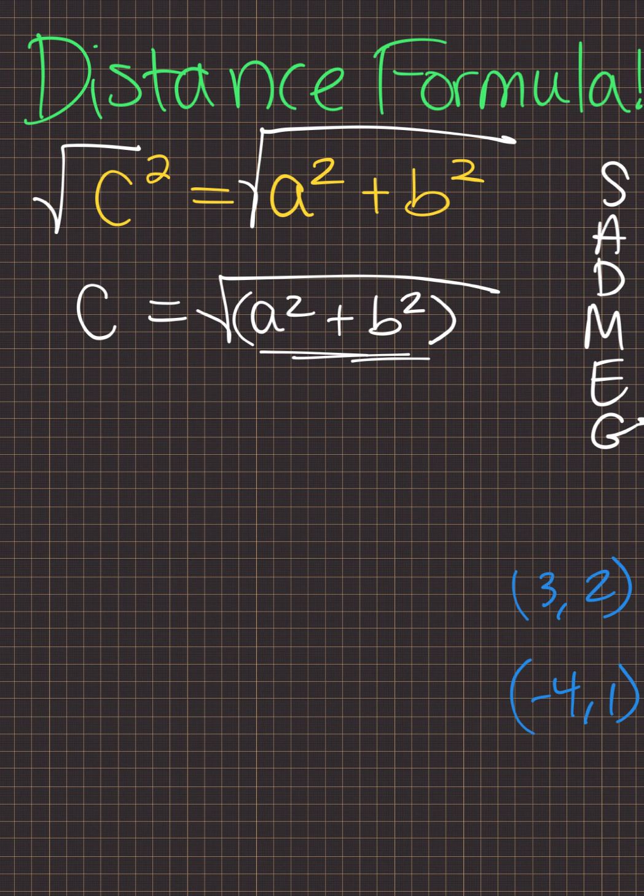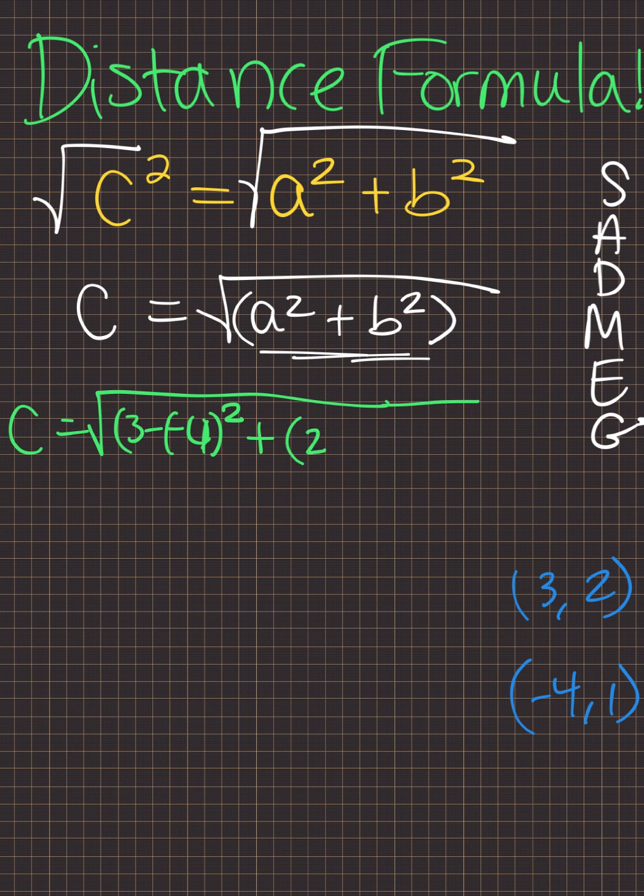So what I'm going to do to actually solve this when I'm simply given 2 points and find the distance between the two is I'm going to find a by subtracting my x values, 3 minus -4, for example, and then square it like that, okay? And then I'm going to add it to the difference between my y values, okay?